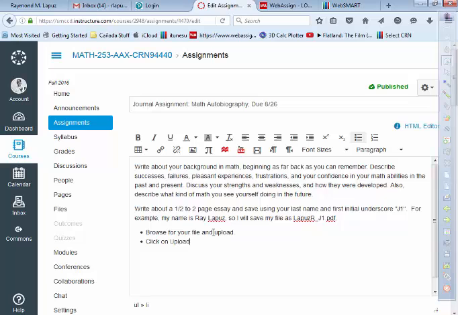So these are some of the things I would be interested in having you put into your math autobiographies. No more than 2 pages, because I'm reading a lot of them, but I want you to spend a little bit more than half a page on it to look at yourself and see how you are as a math learner. So that's what this is about.